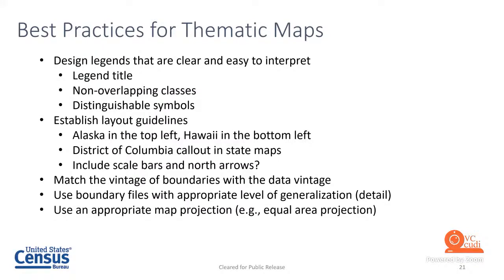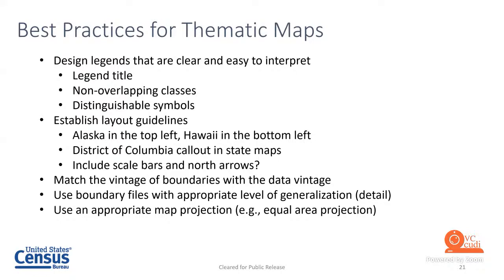We only do this when we're showing state level data. We wouldn't do this for county level data because there are other counties. DC serves as a county equivalent as well as a state equivalent, but there are other counties that are as small as or smaller than DC. So we really only do that on the state level maps.